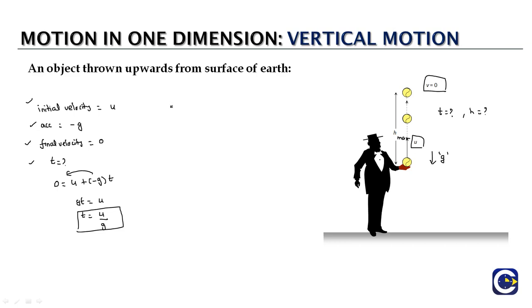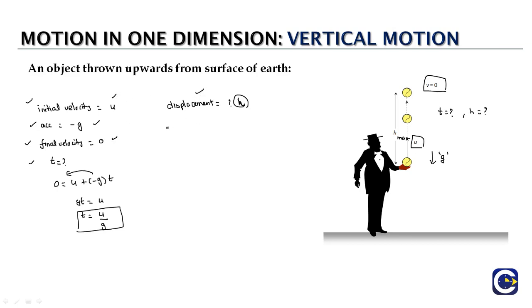Now we want to calculate the maximum height value. Then we must look at the displacement. The maximum height is nothing but the vertical displacement of the object when it reaches the maximum height. Let us say the displacement is h. Why are we taking it as h? Because the displacement here is going to be in the upward direction. Now initial velocity is u, acceleration is minus g, final velocity is 0, and displacement we take as h.